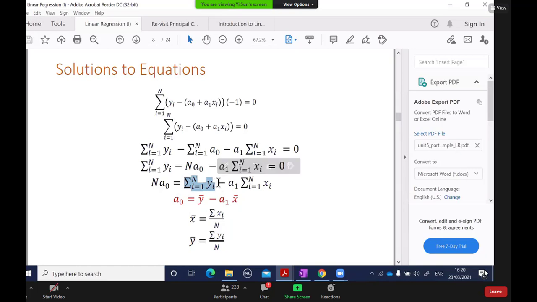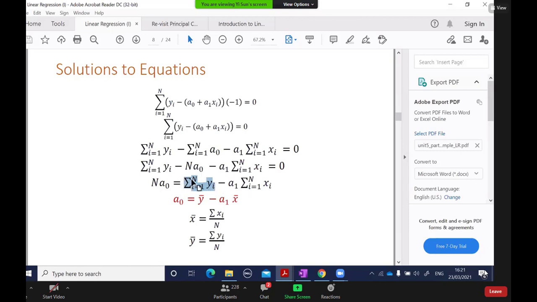Imagine female newborn babies. If we want to estimate length based on the weight, the length will be the dependent variable. It is our y here. And the x will be the weight, that is the independent variable.